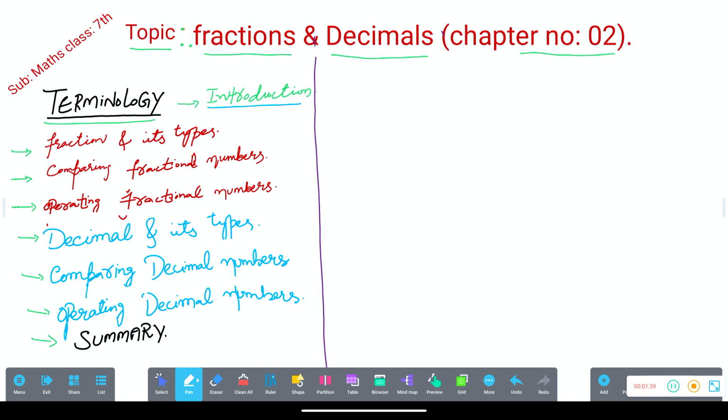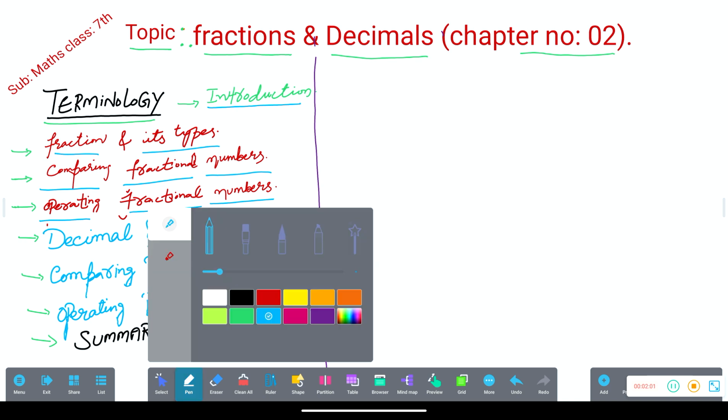Then the first topic that we have to deal with in this chapter is fractions and its types. The second topic is comparing fractional numbers. Third topic is operating fractional numbers.